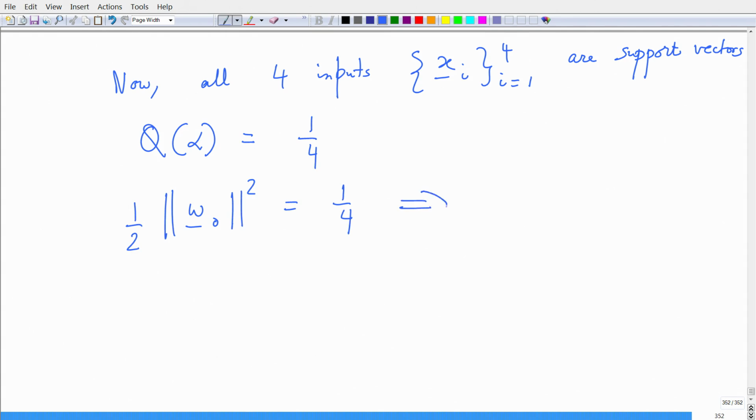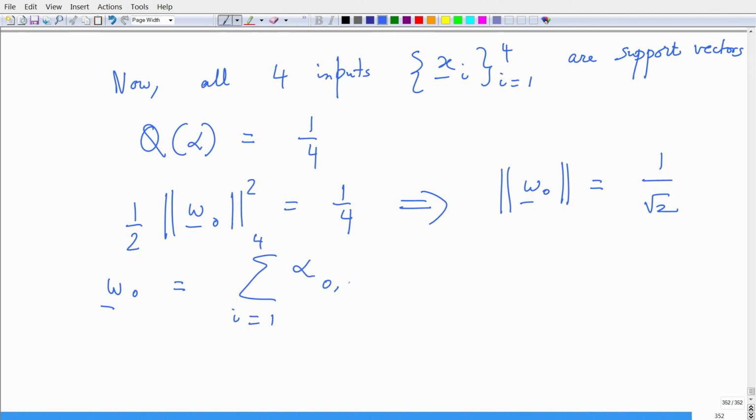This implies norm of the optimum weight vector is 1 upon root 2, and with this I can plug in the optimum to solve for the optimum value of W naught to be the sum over i equals 1 to 4 of alpha optimum i di phi of xi.